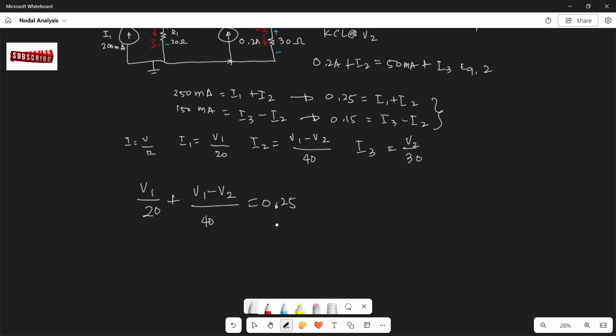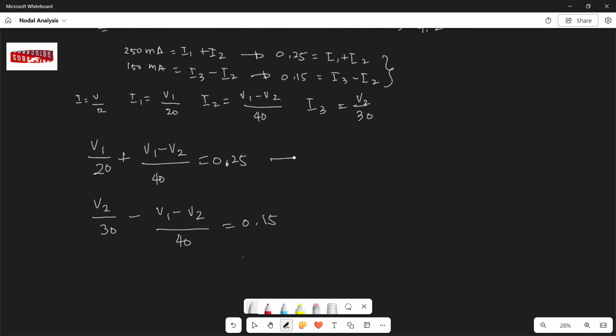And for equation 2, I3, which is V2 divided by 30, minus I2, which is (V1 minus V2) divided by 40, is equal to 0.15. So these are the two equations now.